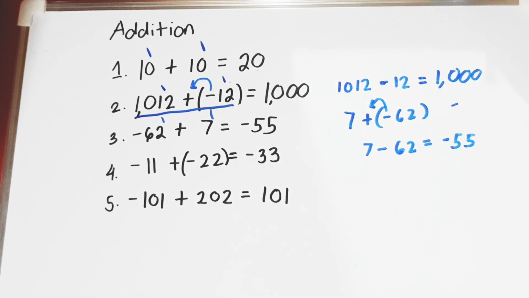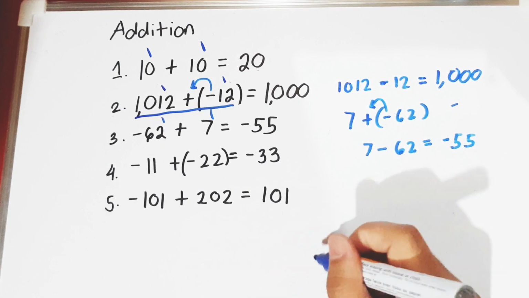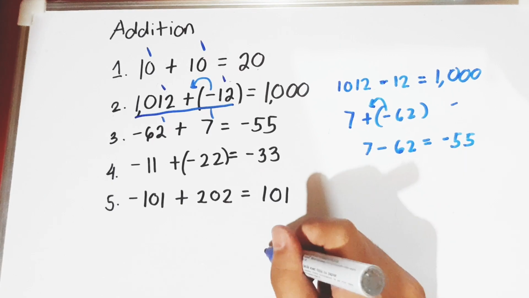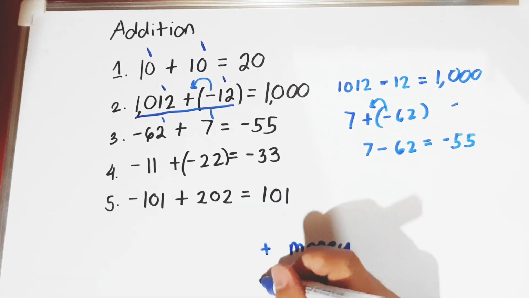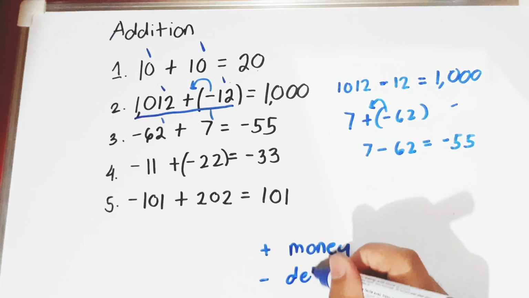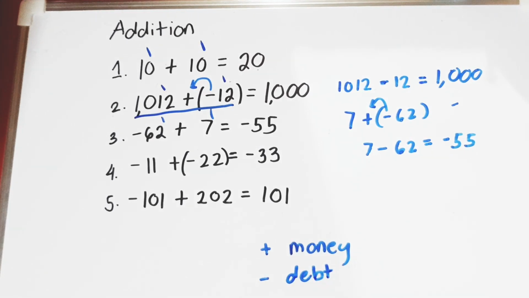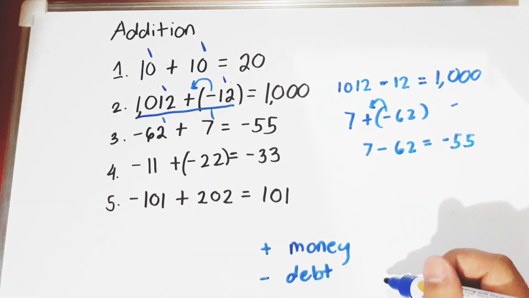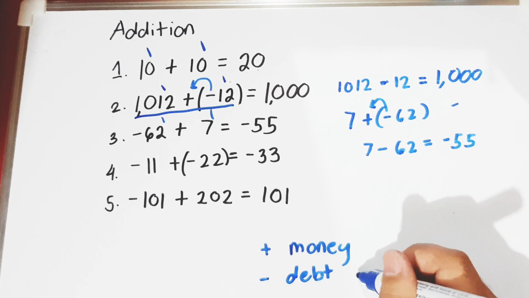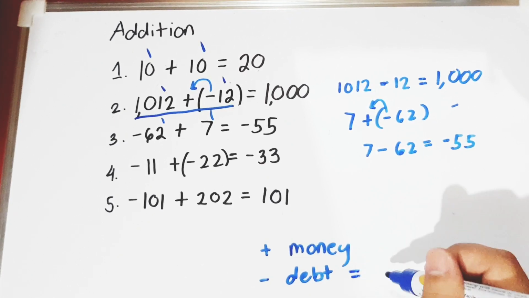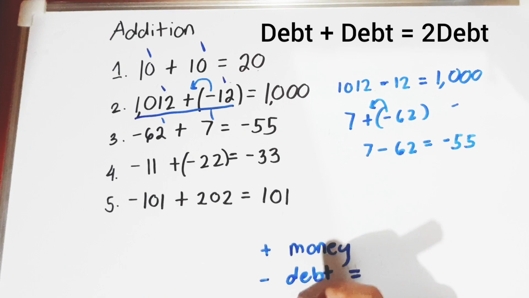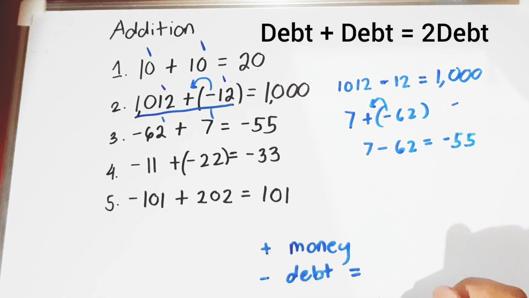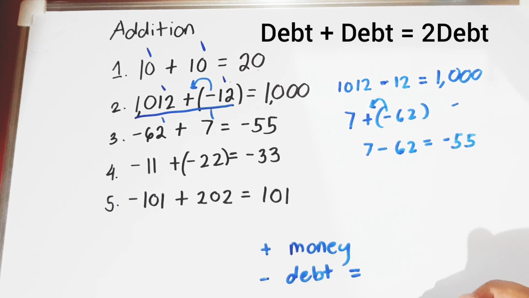For example, the positive one is your money, and the negative one is your debt. So if you add both of your debts, debt plus debt will only make a larger debt.